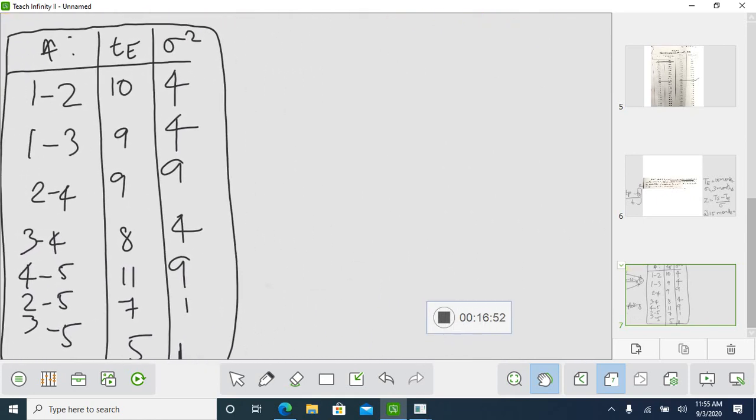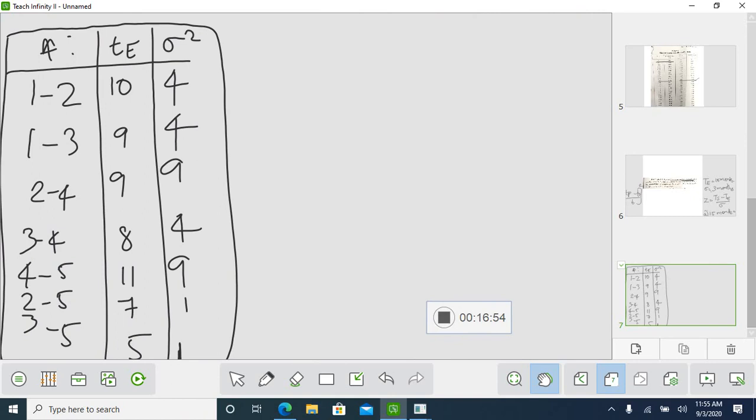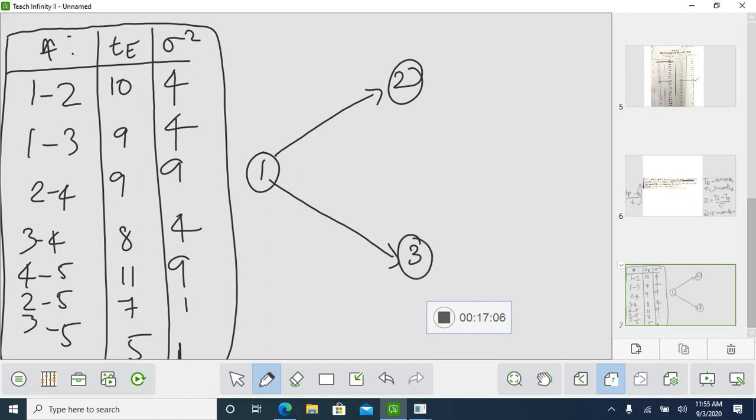So using this table, draw a network diagram. All formulas are important, students. Formulas will be asked in your 1 mark question also.